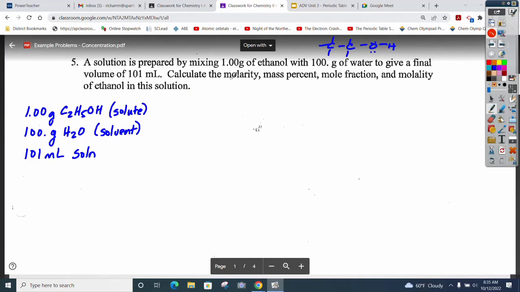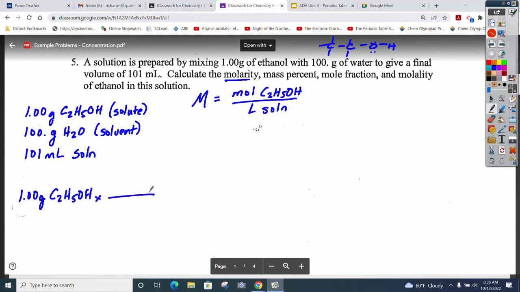Okay, so the first thing it asked me to calculate is molarity. Molarity by definition is moles of your solute, which in this case is C2H5OH, over liters of the entire solution. So I look and I see I do not have moles of my solute. I'm given grams, so I'm going to start by doing that conversion. I'm going to take my 1 gram of ethanol.